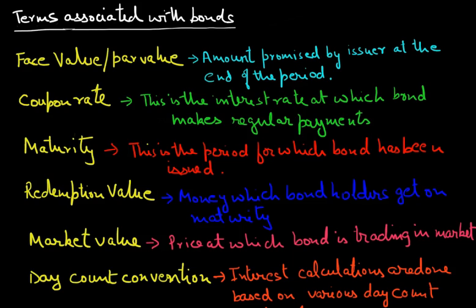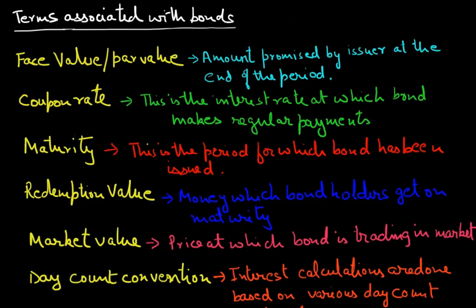Now let's go to the next term, which is coupon rate. What is coupon rate? Coupon rate is the interest rate at which a bond makes regular payments to the bondholders. Suppose, taking the same example where company X has issued a bond of rupees 1,000 to the investors, it says that it's going to make a coupon payment every year till the 3rd year at the rate of 10% interest.